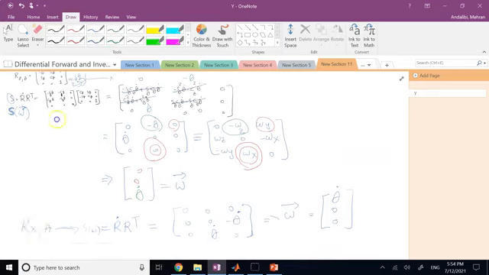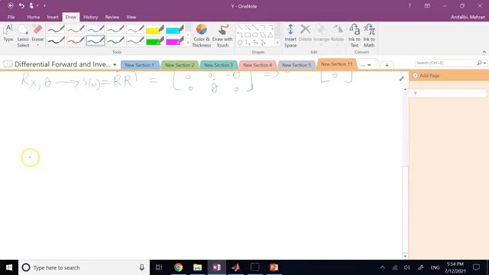Now, if you have two consecutive rotations, so your R matrix of, let's say, end effector with respect to inertia is two rotations multiplied, like R of x and theta followed by R of z and phi. So here you have to multiply these together.